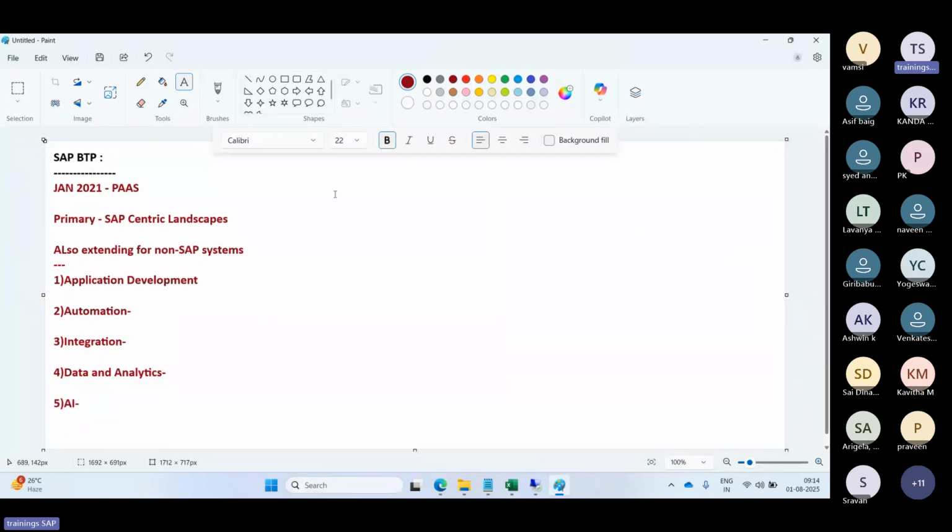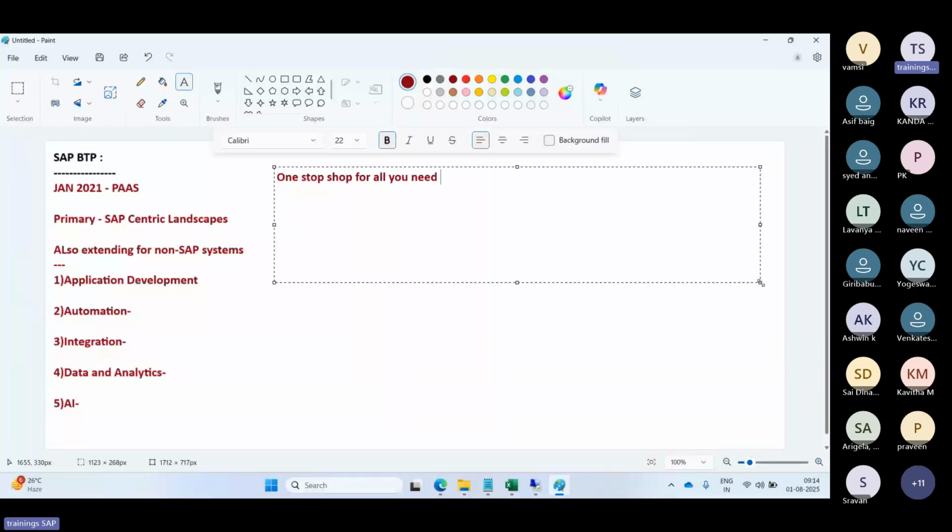Whatever you need, everything they are providing under the BTP platform here. It's a one stop shop, so all will be available under this one, because they're providing the development related services, automation, integration, data analytics, AI.